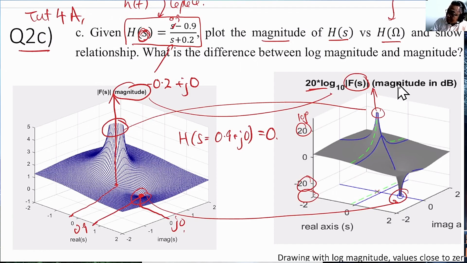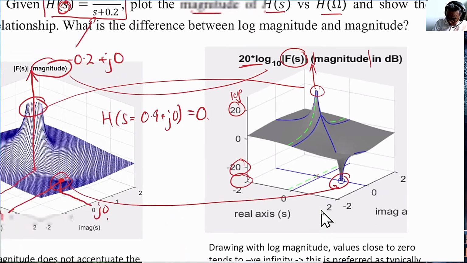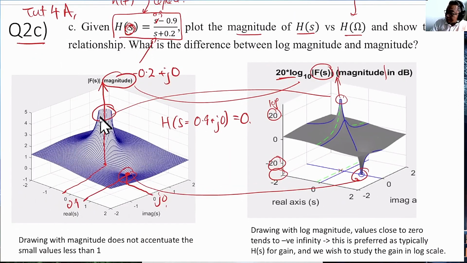Remember, when we are plotting magnitude, there is only absolute magnitude, and the smallest value that it can be is 0. Because we take log, it becomes a negative value. So this is the magnitude plot, and this is the log magnitude plot. That is the difference. You can plot either of them, but the common idea is to plot the log magnitude.